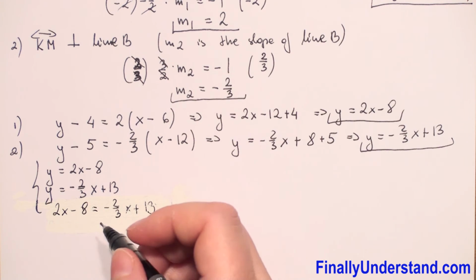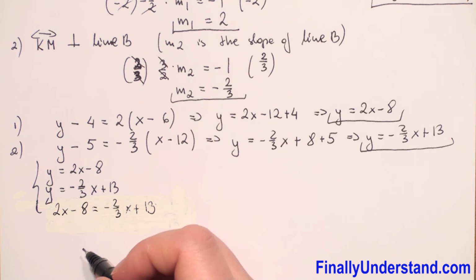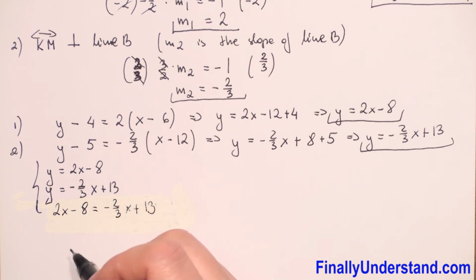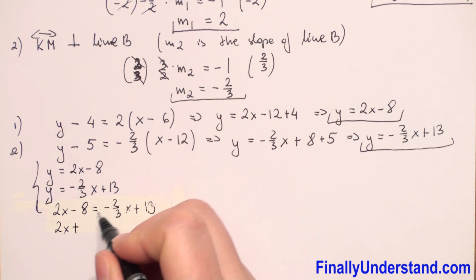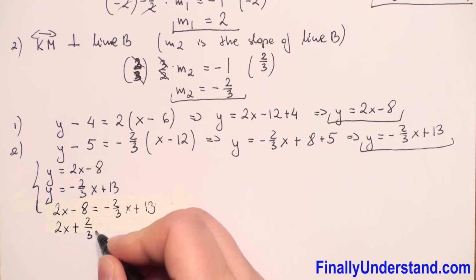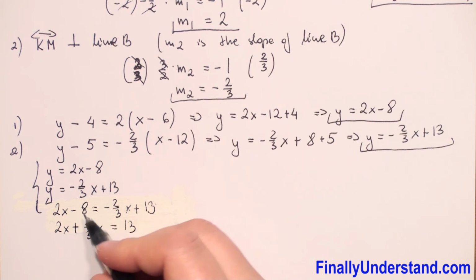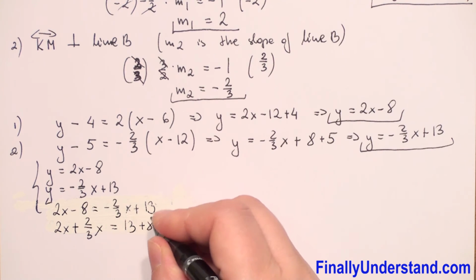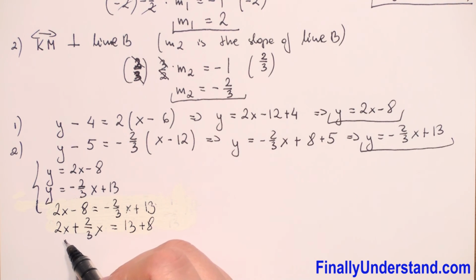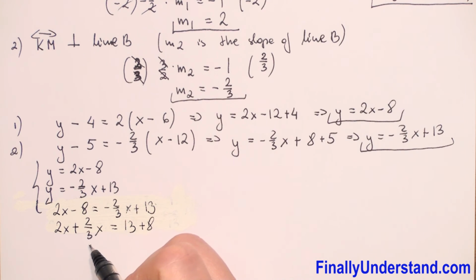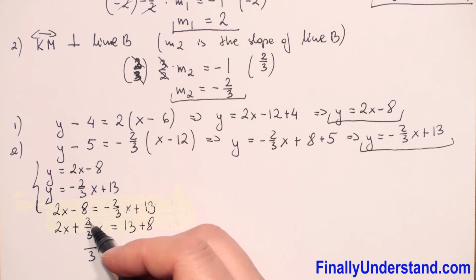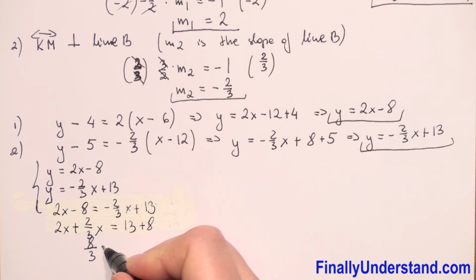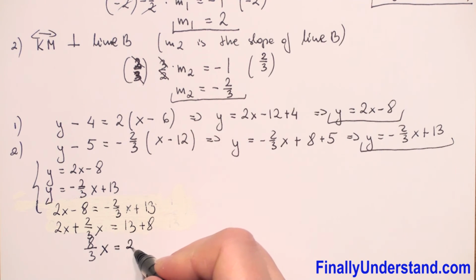So now I will move the like terms, negative 2/3 x, to the left side, so it will be 2x minus, plus, of course, we have to change the sign, 2/3 x is equal to 13, and negative 8 to the right side, so it will be plus 8. So I will change to fractions. We have mixed numbers. 2x plus 2 over 3, the common denominator will be 3, and 3 times 2 is 6 plus 2 is 8 over 3. x is equal to 21.